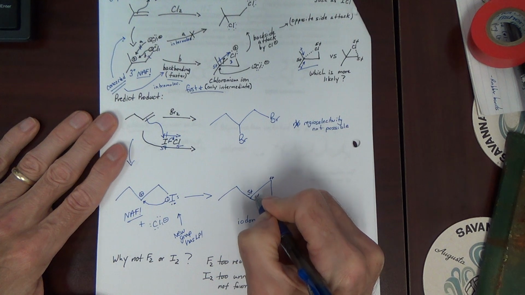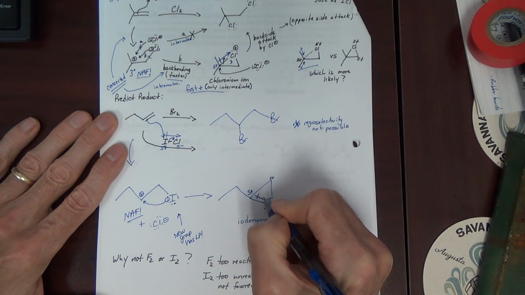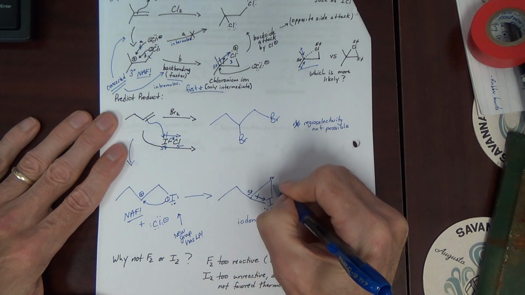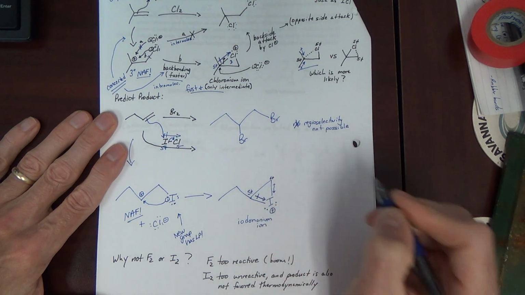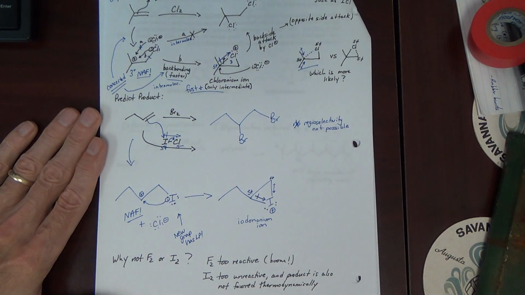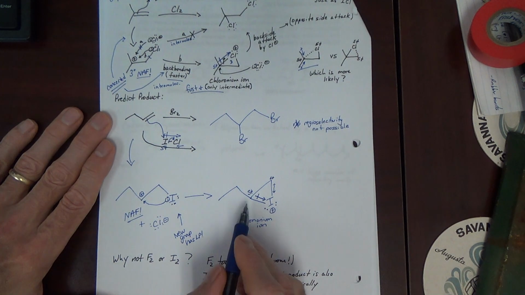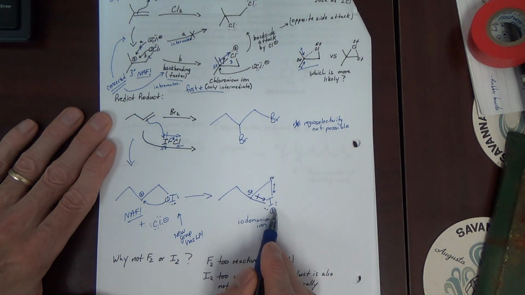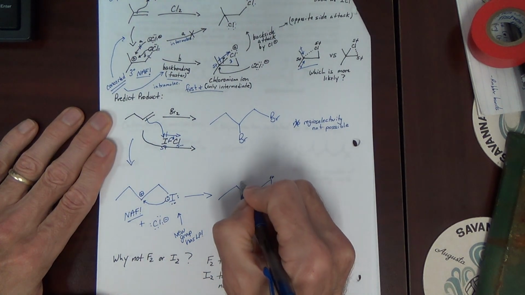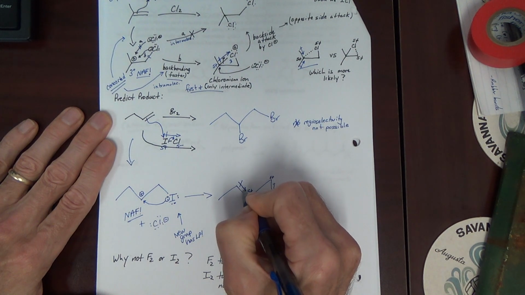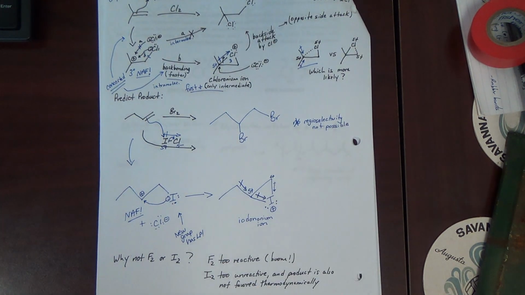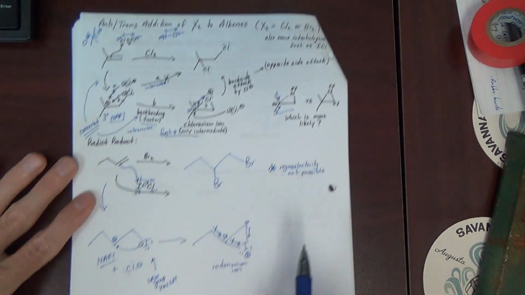That positive iodine is going to pull more on this carbon than it will over here, because this carbon allows it to be pulled more. This carbon has a rich friend that's kind of moving electrons in this way. Okay?